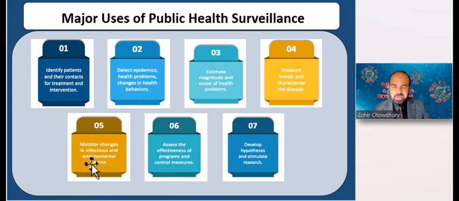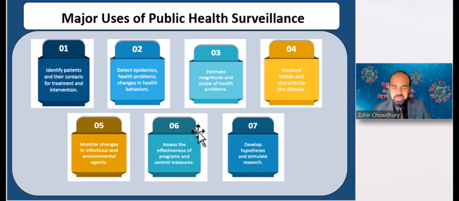A fifth would be focusing mostly on monitoring changes in infectious and environmental agents and support public health interventions that follow from the continued monitoring of this data. And ongoing surveillance can be used to estimate the natural history and often the impact of a condition over time. Knowing what to expect in terms of natural history aids in planning where to allocate resources.